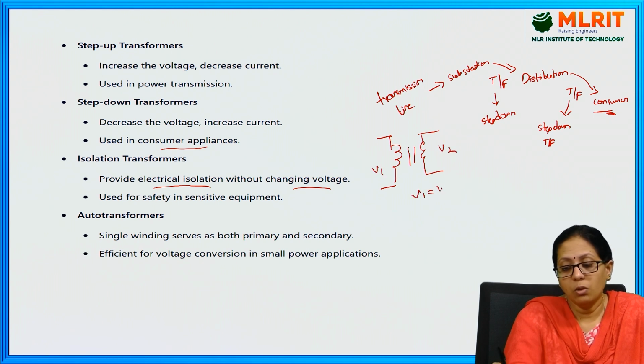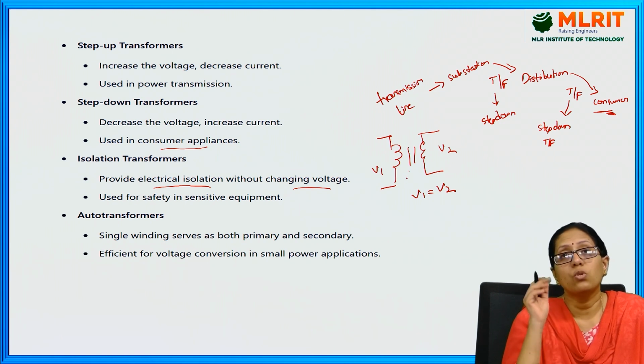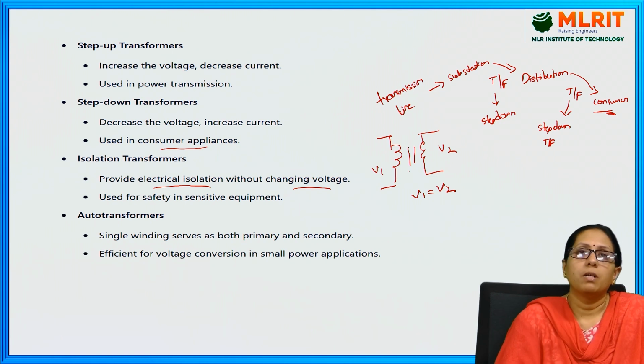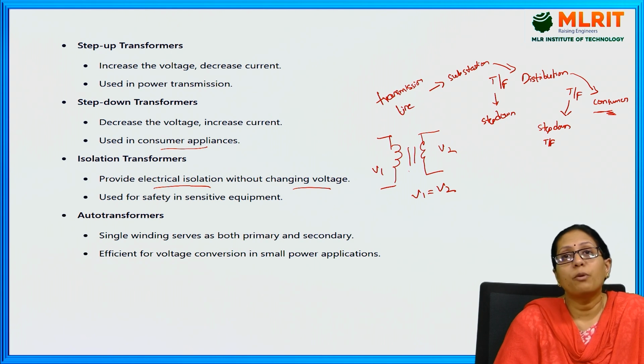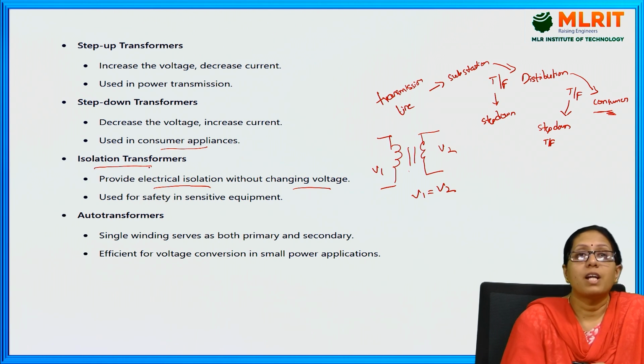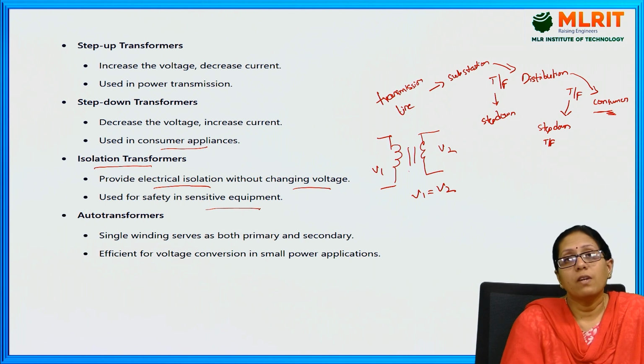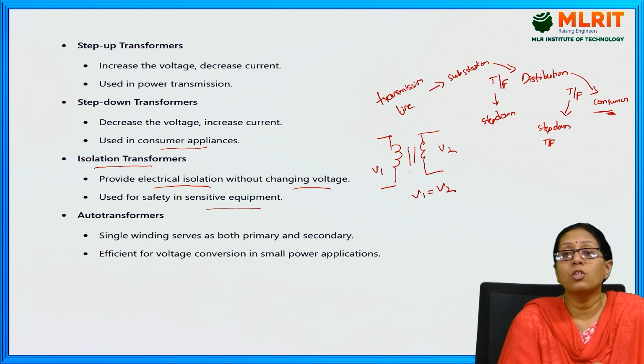V1 is equal to V2 and there is no difference in the voltage, but it is only used for isolation purposes. It is one kind of protection device for isolating. That is called an isolation transformer. It is used for safety in sensitive equipments. For sensitive equipments, we will be using this isolation transformer without changing the voltage or current.